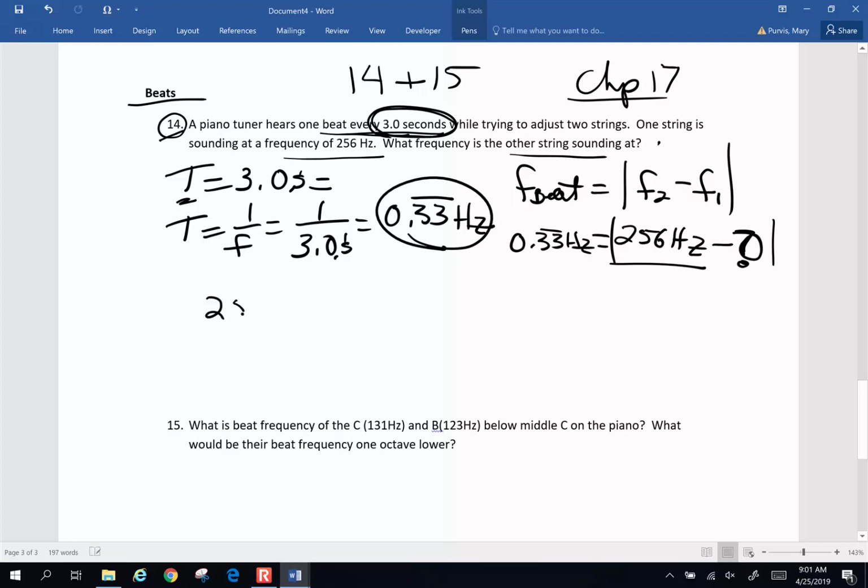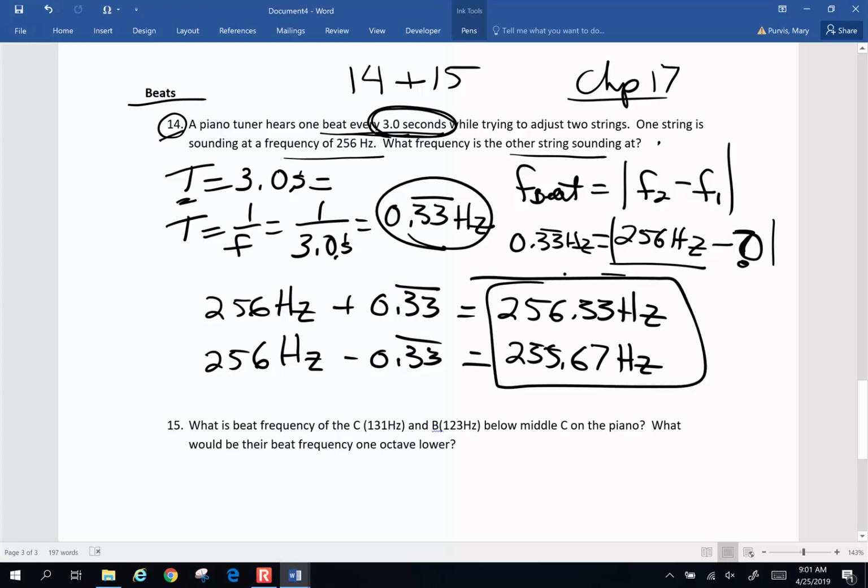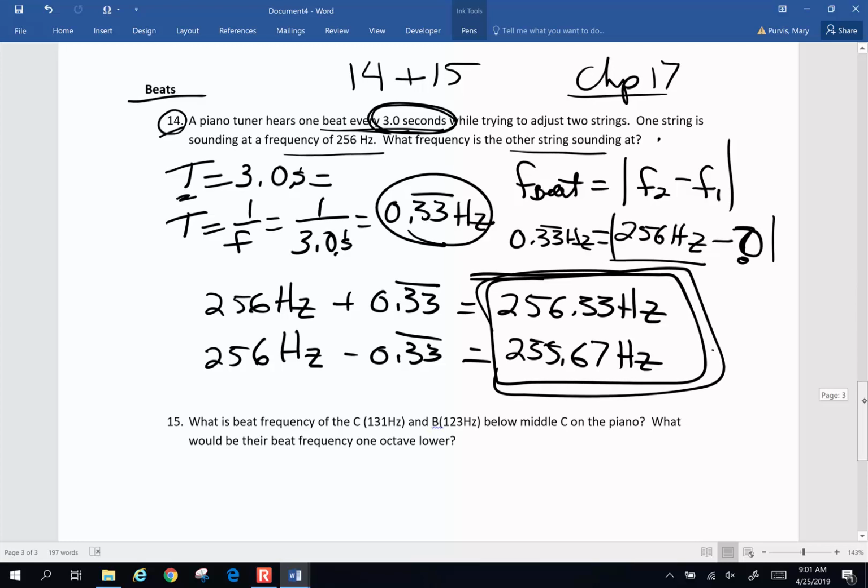If I take 256 hertz plus 0.33 hertz, I'm going to end up with 256.33 hertz, or I'm going to take 256 hertz minus 0.33 hertz, and I'm going to end up with 255.67 hertz. So the other string is going to be one of those two values. The piano tuner will know if it's high or low, but that's the answer to beat question 14.